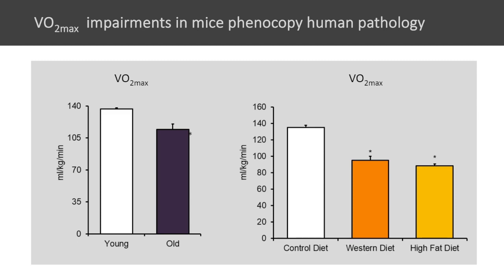Although there's not a star, you can see that it is significantly reduced in both aged mice, 2 years of age, and Western diet or high-fat diet-induced obese mice. It's really nice to know that when you look at the mouse data, it's phenocopying what you see in the humans, which is that these pathologic conditions are inducing reductions in VO2 max using graded maximal exercise testing in mice.